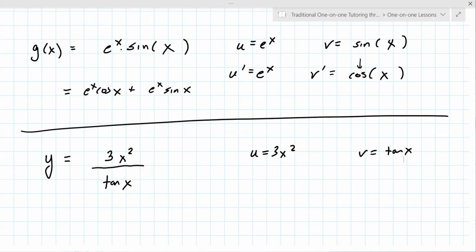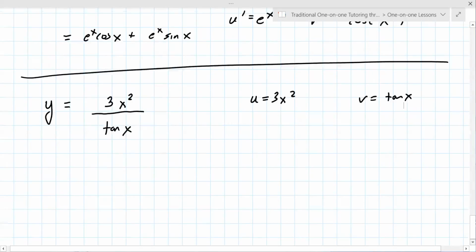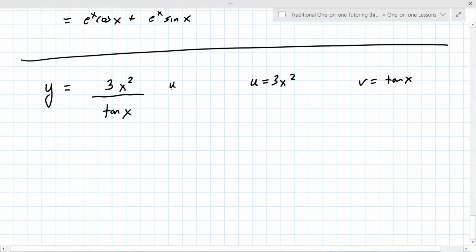Okay, so this quotient rule, I've got to make sure you can do at least one of these. It's v u prime minus u v prime, over v squared, and this is the one that most students tend to forget. Minus, right? Yeah, and the order is important here.